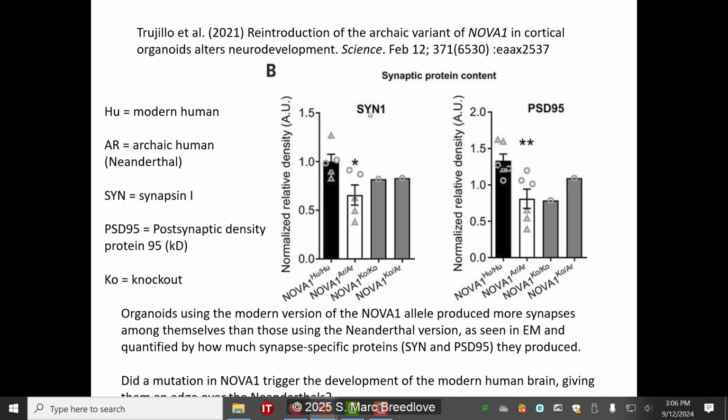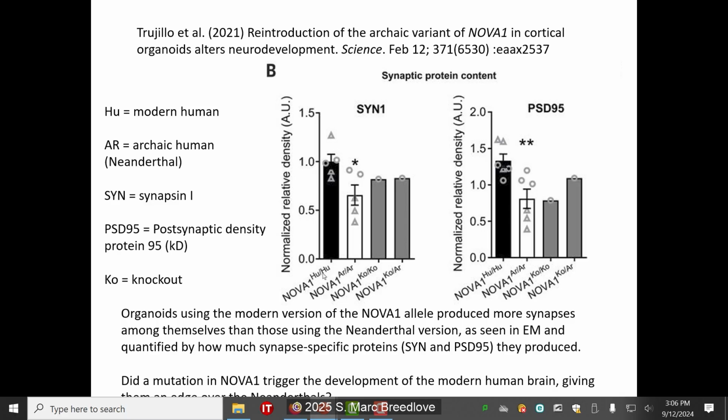One is known as SYN1, synapsin 1, and the other is postsynaptic density 95. We'll talk about those when we talk about synaptogenesis in a couple of weeks. So at this point, they're just markers for how much synapsing is going on between these various cells in the organoid.